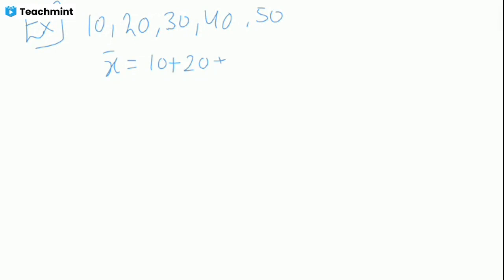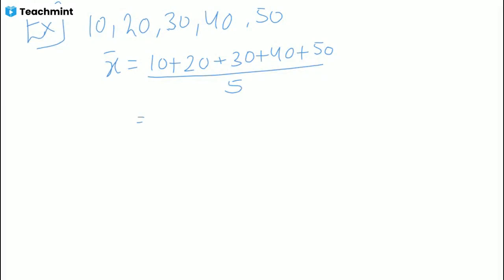Mean is the sum of all values divided by the number of values. We have these five values, so just add them. This is 150 divided by 5, and so we have x bar equal to 30.